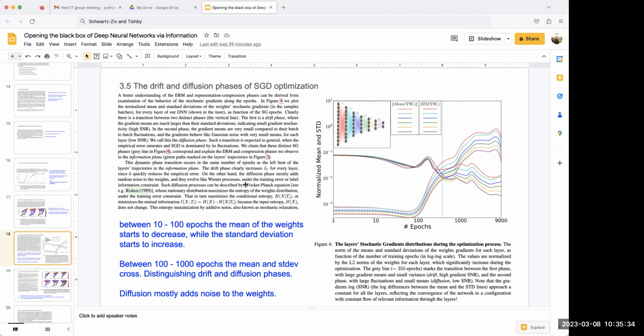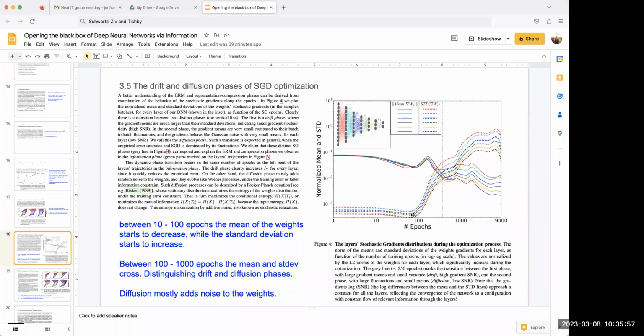But then they refer to it, I think the phase change starts, they call it the diffusion phase, once the magnitude of the standard deviations of the model weights crosses the magnitude of the weight means themselves.